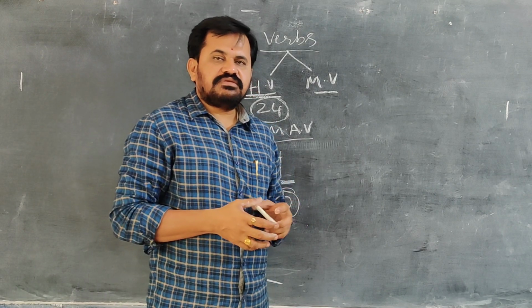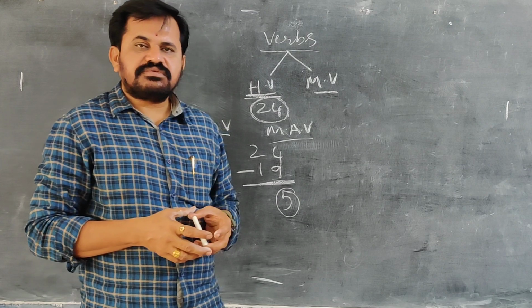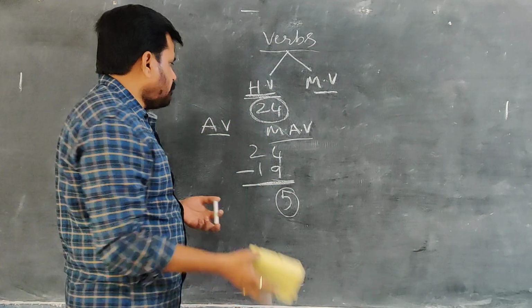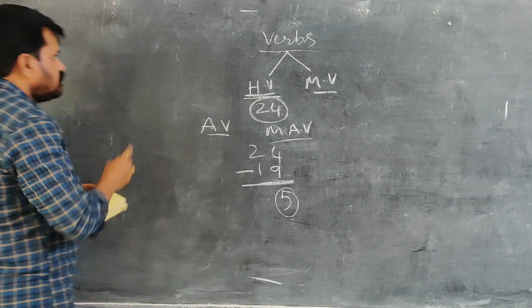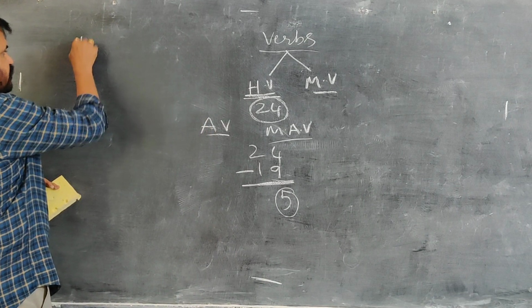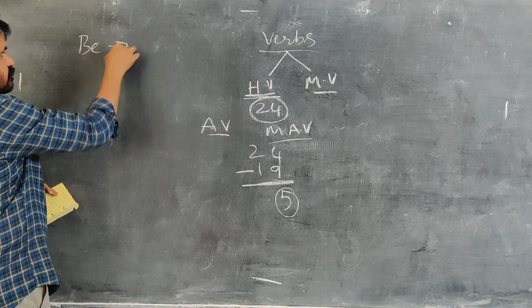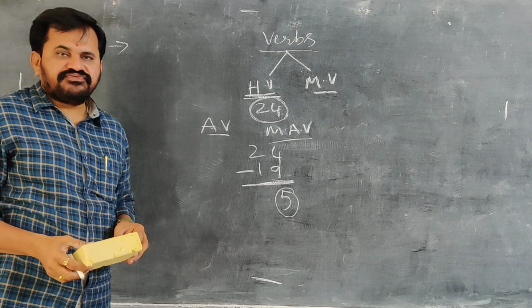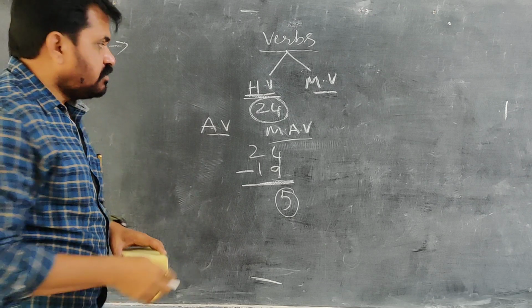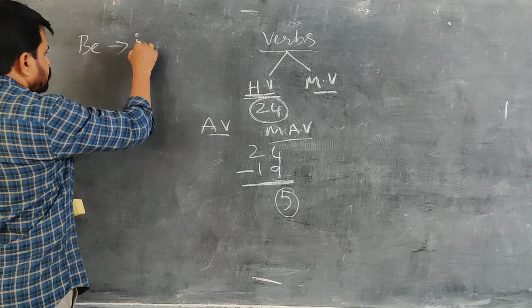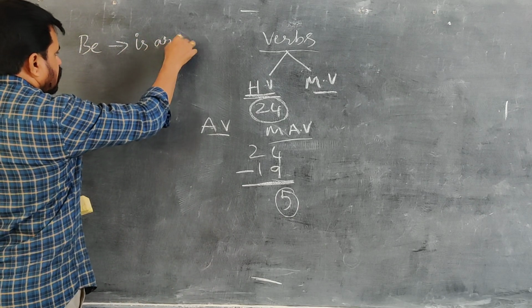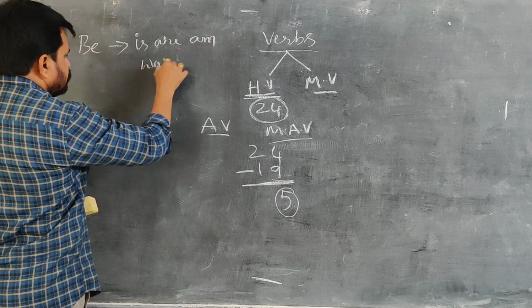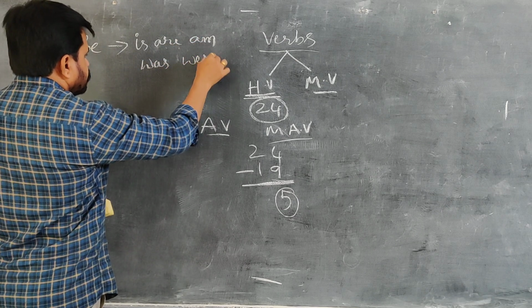In these 19 verbs, first of all, we have to know about the be forms. Be forms are 5: is, are, am, was, were.